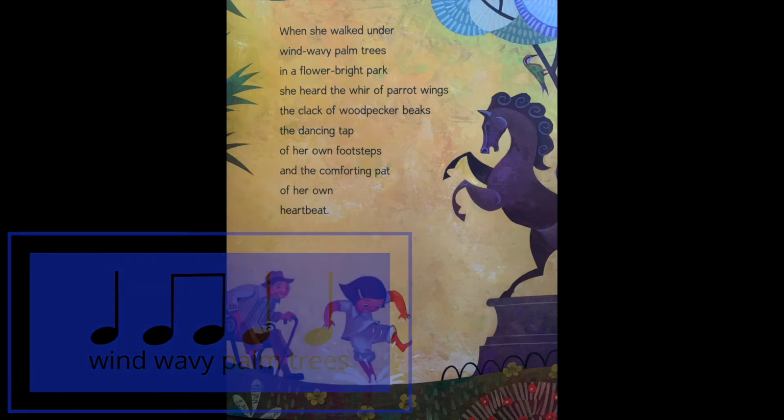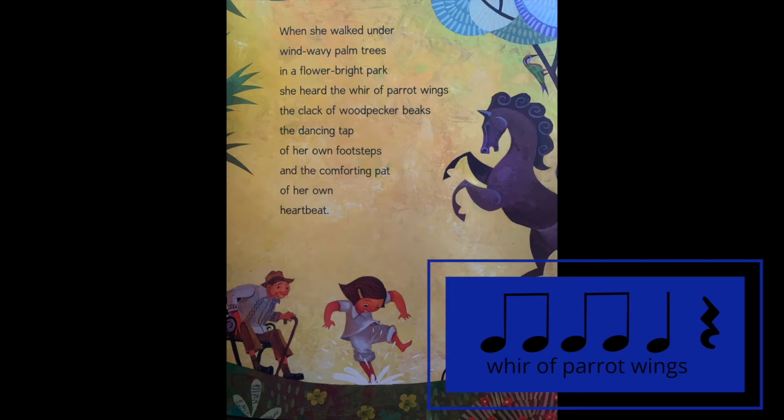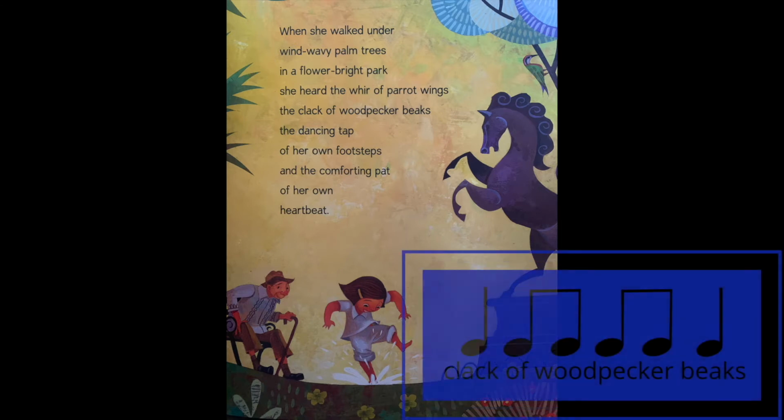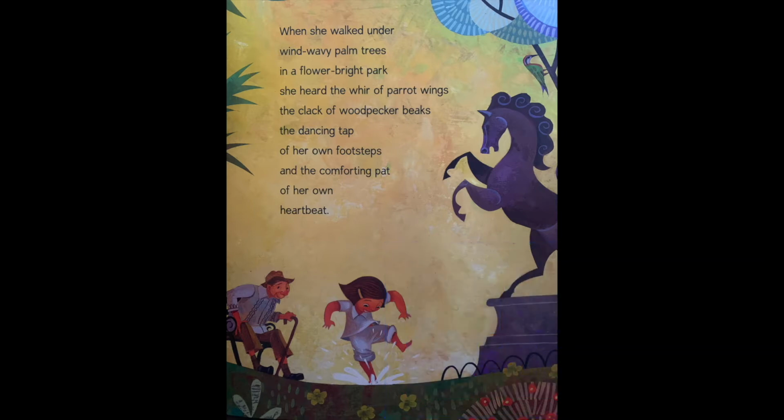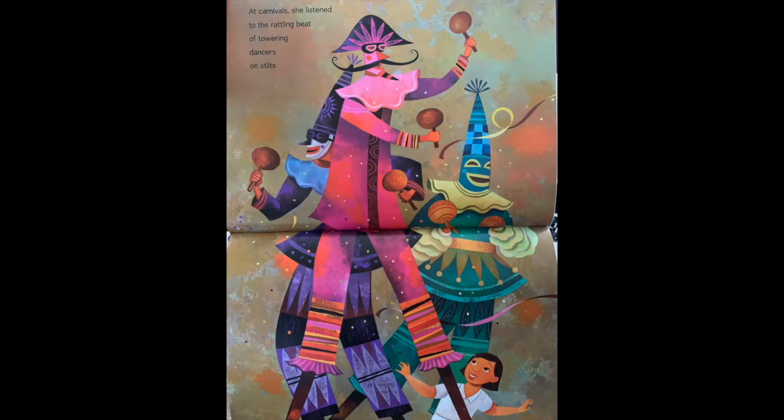The next one says, whir of parrot wings. Ready? Here we go. Our next one says, clack of woodpecker beaks. Ready? Go. And then our last one says, her own heartbeat. Ready? Go. Good work. Those are some beautiful, beautiful words our author has put together.